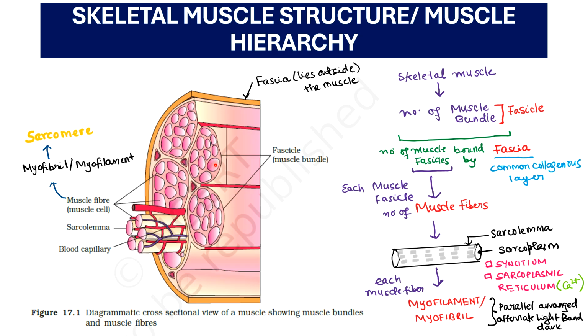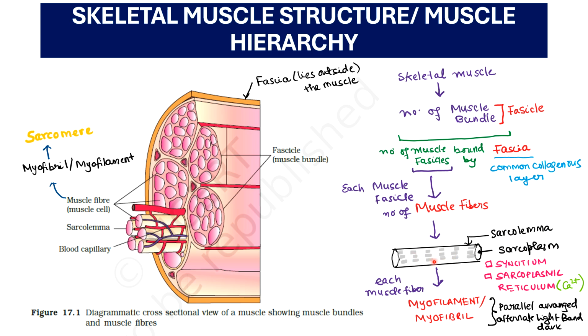Each muscle fascicle is made up of many muscle fibers. So this is one muscle fascicle and these are the muscle fibers present in them. If you consider one muscle fiber, it has an outer plasma membrane known as the sarcolemma, and protoplasm known as sarcoplasm.